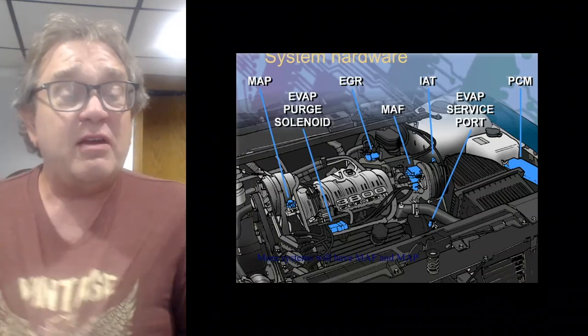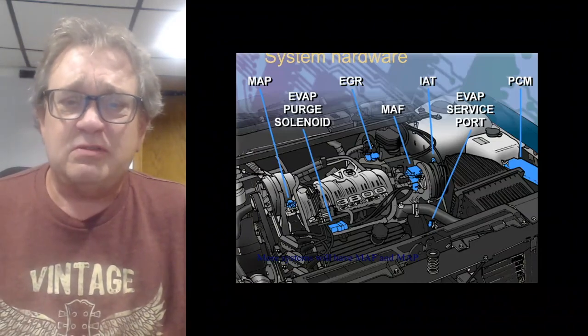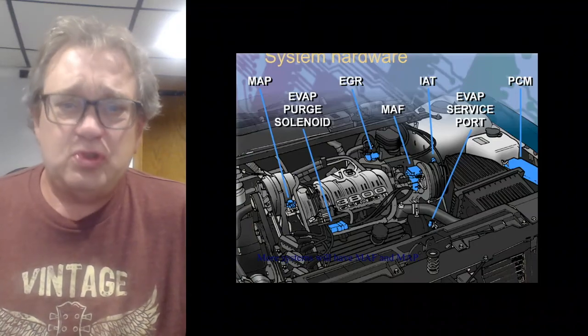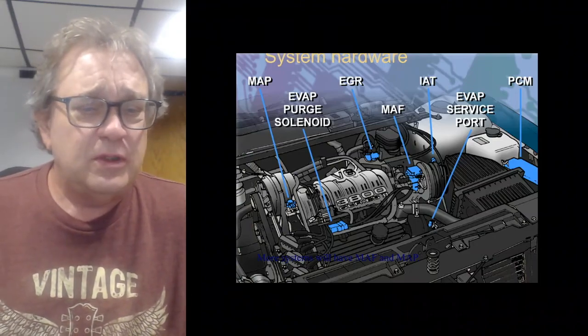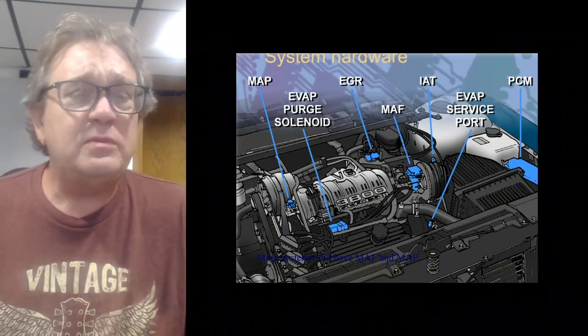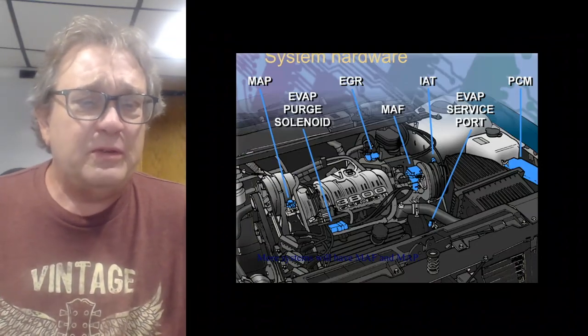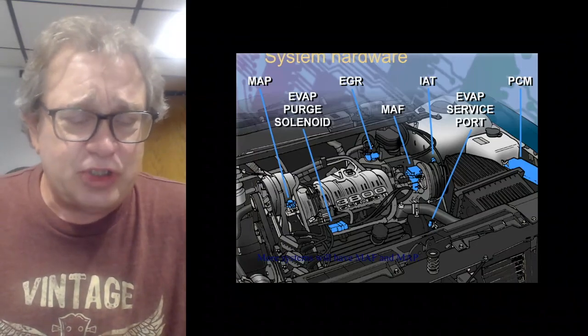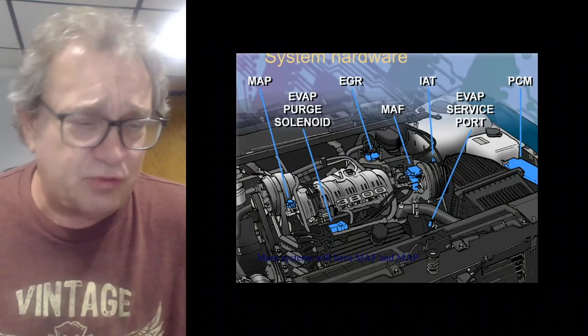All cars have an intake air temperature sensor? Well, most all new cars do. All cars have a MAF sensor, mass airflow? No, not all of them. But a lot of them share the same types of components.